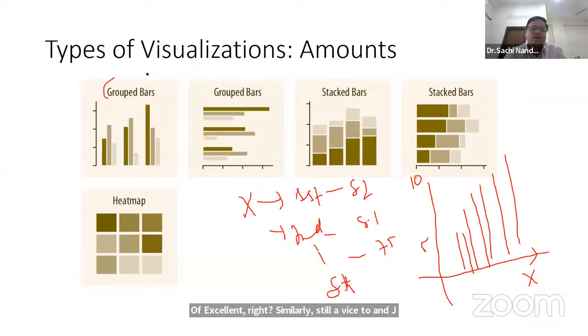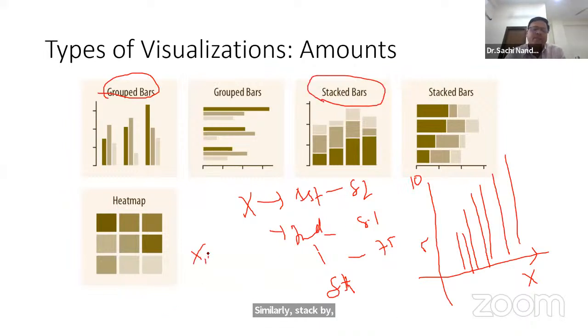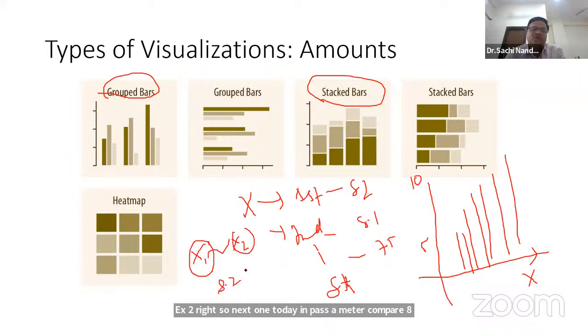So this is called the individual, the group bar. Similarly, the group bar parallel to the x-axis and the group bar parallel to the y-axis. Similarly, what will the stacked bar do? When you compare two students, x1 compared with x2, right? So x1 student in the first semester got 8.2, and the x2 student in the same first semester got 8.3.